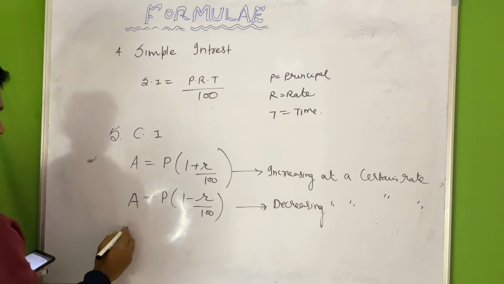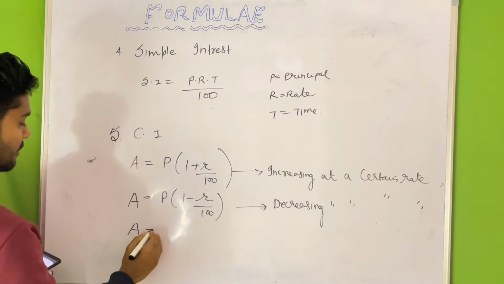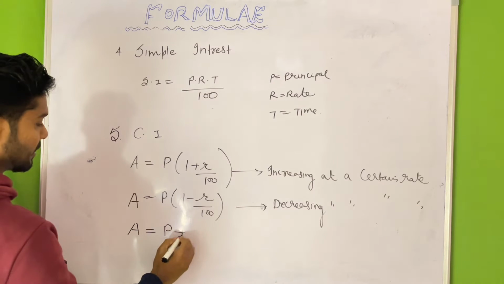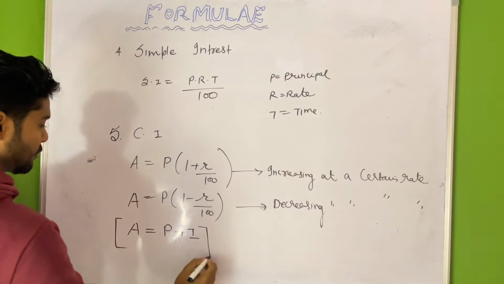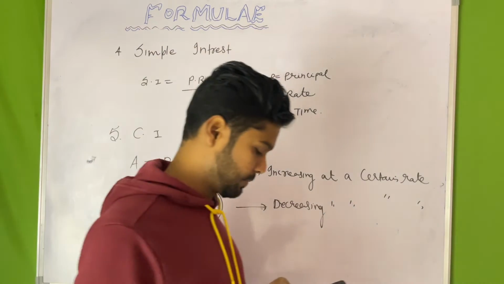And one more formula, this is a simple formula: amount is equal to principal plus interest. But this is very important.